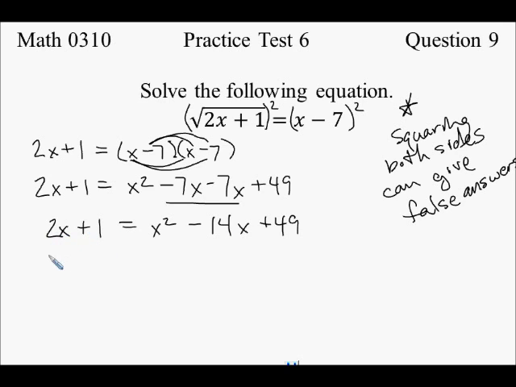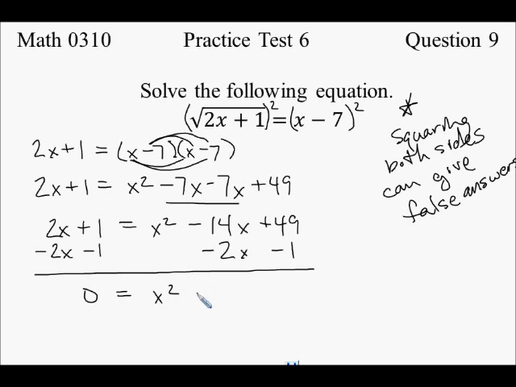We'll subtract 2x and cancel that, and subtract 1 and cancel that. And we must do the same thing to the other side. That's going to leave us 0, which is what we want on that side. And here we have x squared minus 16x plus 49 minus 1, which gives us plus 48.